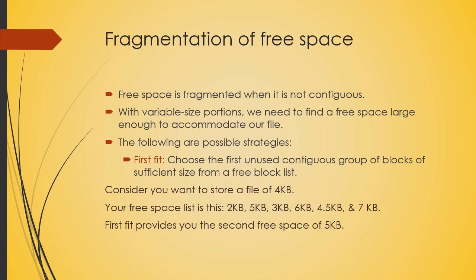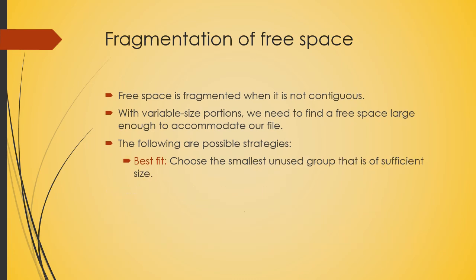The file will be allocated in the first 4 KB and 1 KB will be returned to the free space list. The free space list after allocation is 2, 1, 3, 6, 4.5 and 7 KB. Each successive allocation creates smaller free spaces which are more difficult to reallocate.